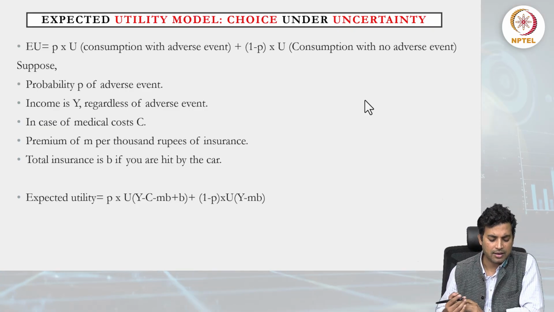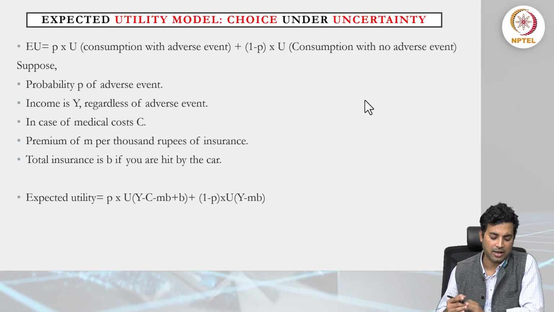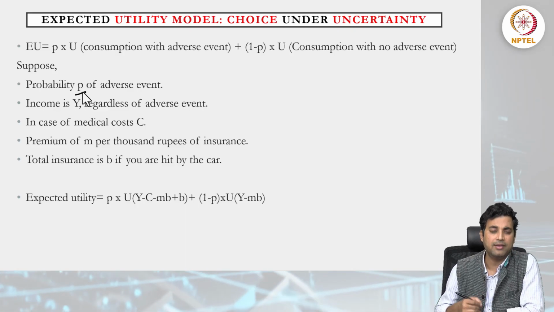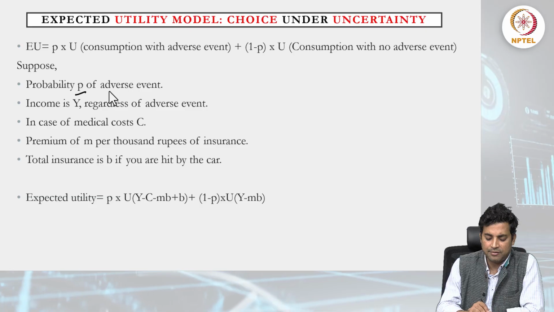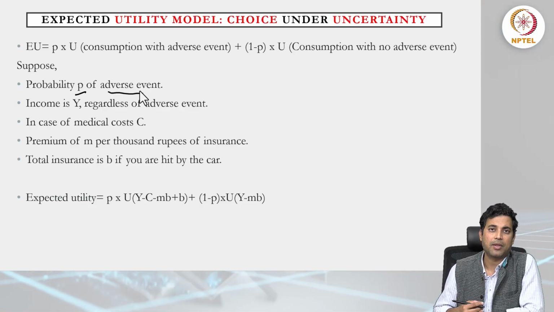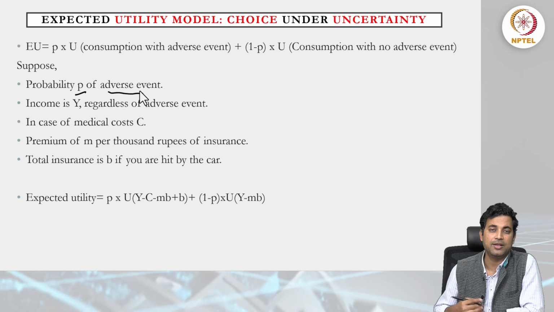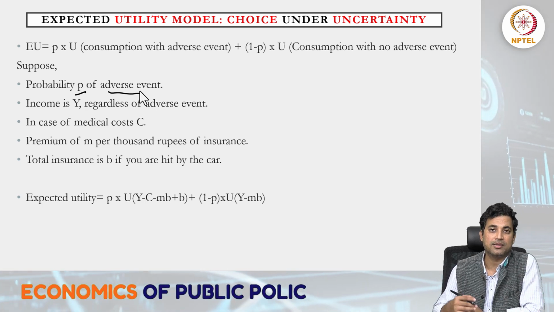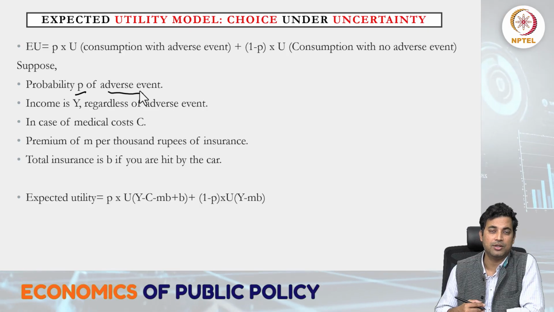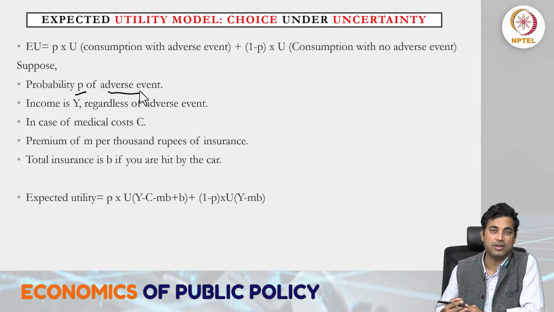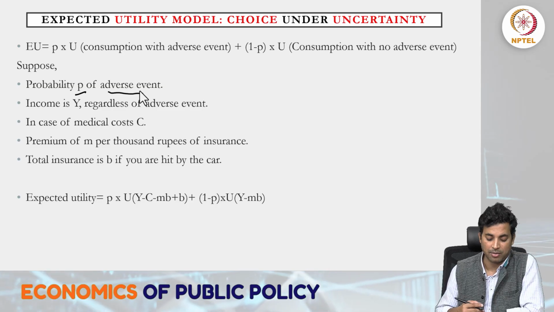Take an example, say P is the probability of the adverse event. Say if I fall sick, falling sick is an adverse event, because if I claim the insurance, of course it is the health insurance that we are talking about.